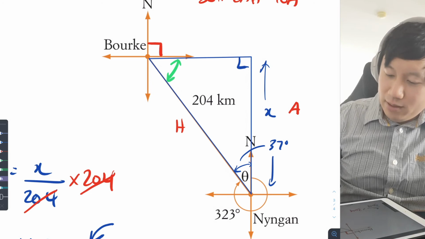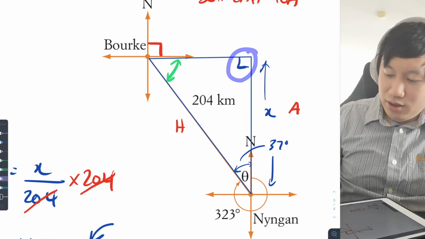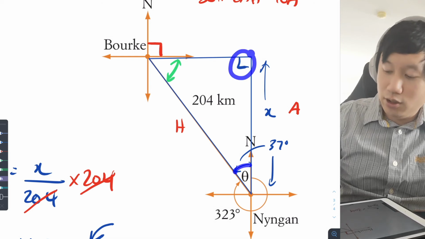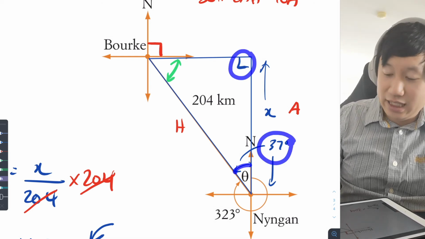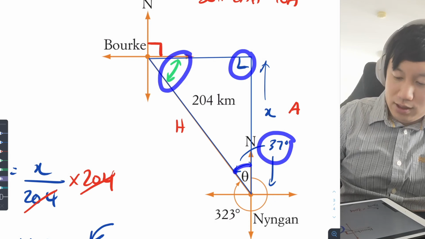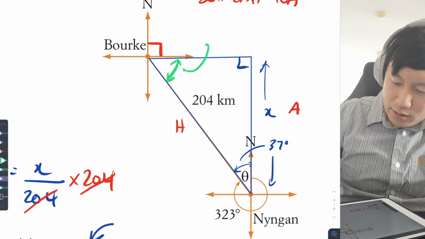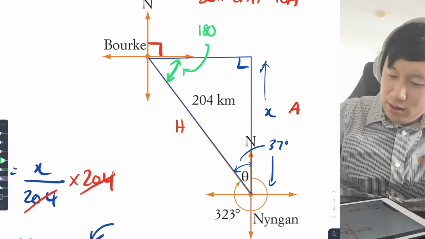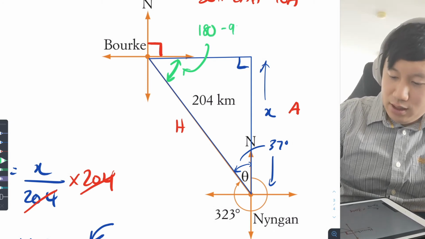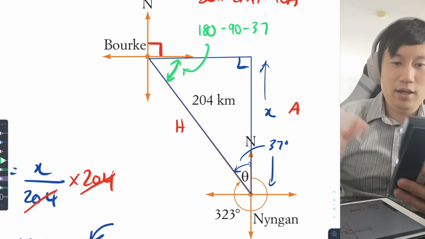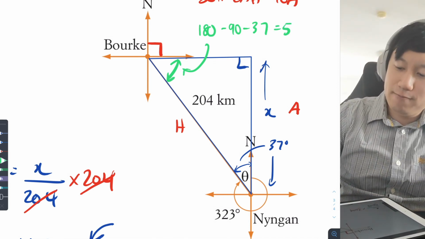Because in this triangle, we've already got 90 and 37 as these two angles. So if I was to subtract those two angles from 180 degrees, I will find out what this angle is left. So that angle there is simply 180 subtracted by 90 subtracted by 37. So let's do that on the calculator, and I will get 53 degrees.